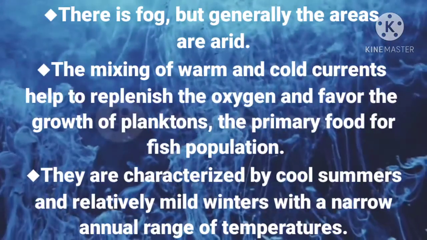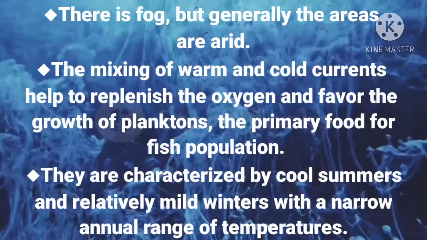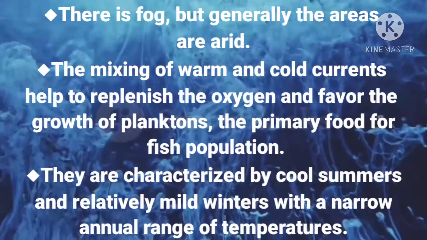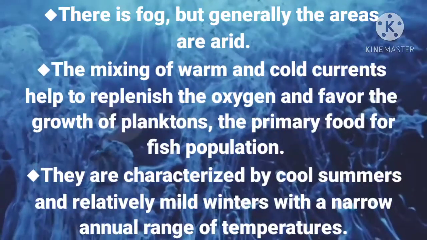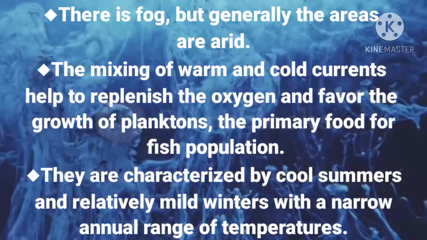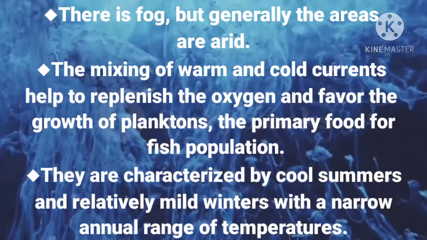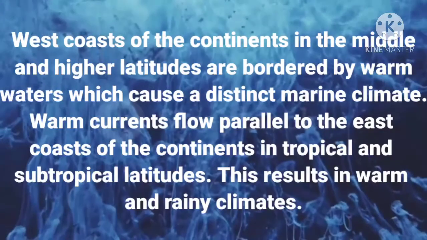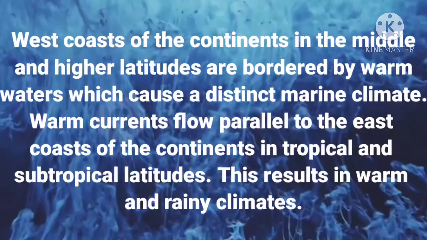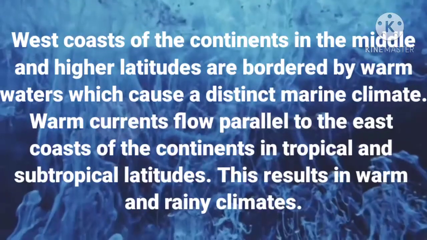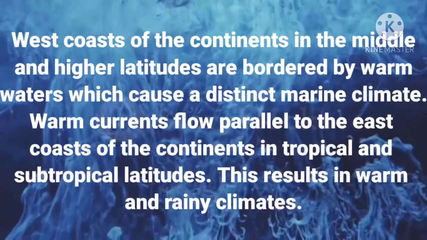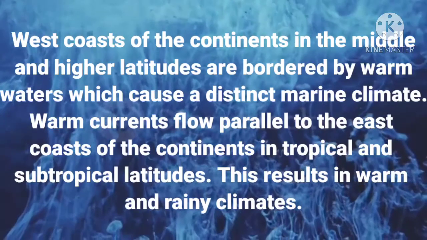The currents are also beneficial because when the cold and warm water currents mix with each other, the temperature of the area near the coastline becomes humid, and due to which in many cold areas the temperature is in a good condition and there is fog, but generally the areas are arid in a few places.